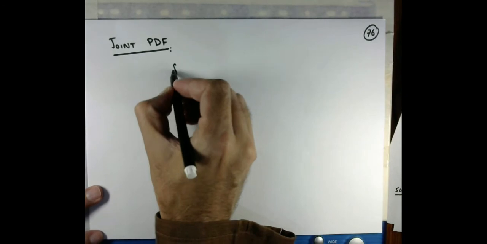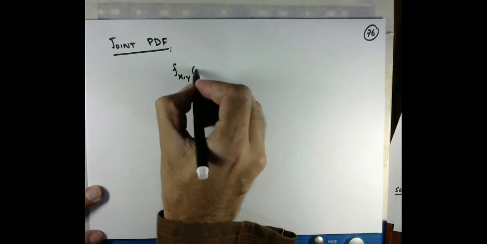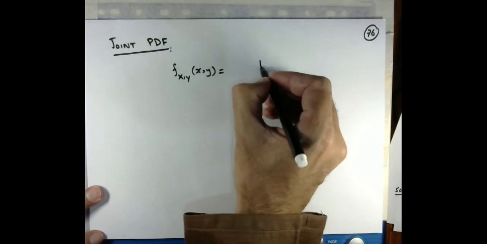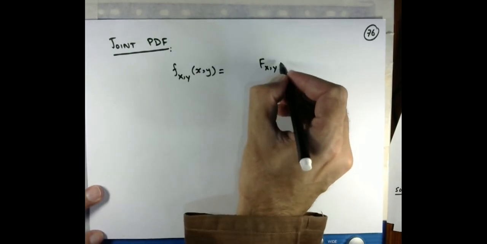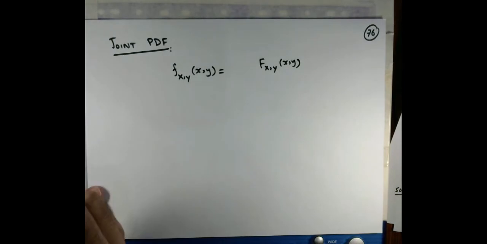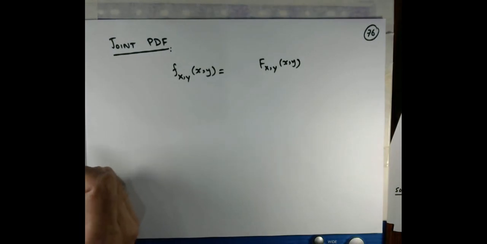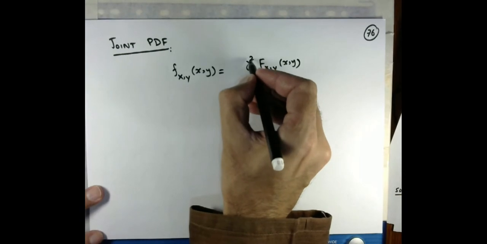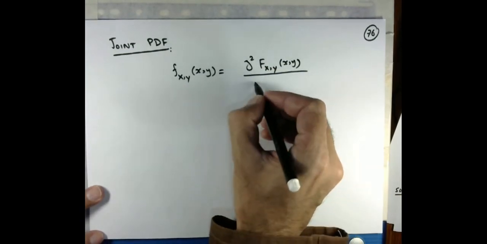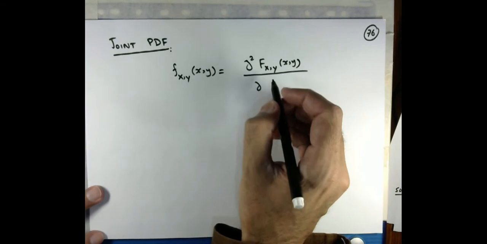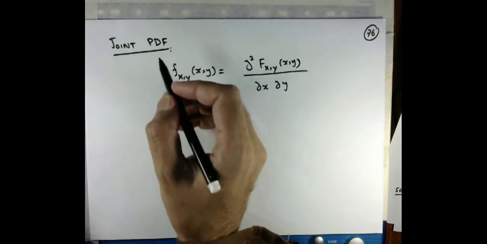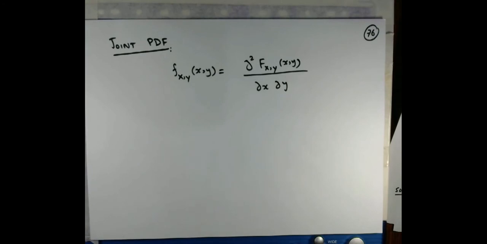So the joint PDF f sub x comma y of x comma y is nothing but the derivative of F of x comma y. But since there are two variables involved, that will be a partial derivative, ∂²F_{X,Y}/∂x∂y. So this is the formula to find the joint PDF.